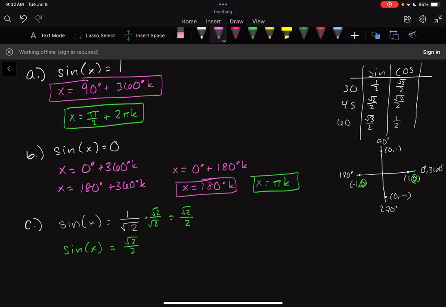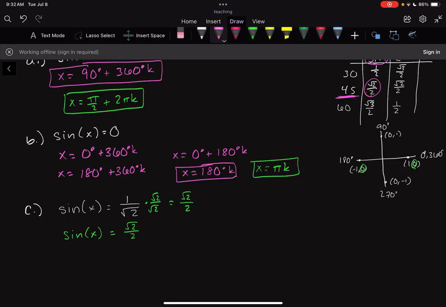So I'm looking over at my table, I'm looking at sine root 2 over 2, that happens at 45 degrees. So I know that 45 is my reference, so I'm going to write that here. My reference is 45. But I need to figure out what quadrants I'm supposed to be in. So this is positive, so sine is positive in quadrant 1.